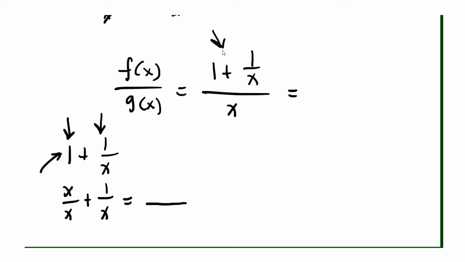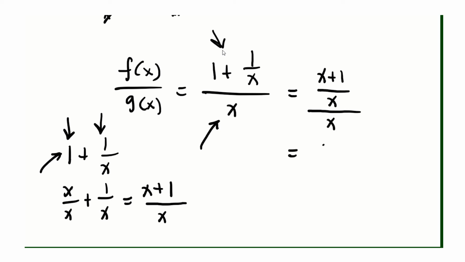When you add fractions, you just copy the common denominator, which is x, and then you have x plus 1. So the numerator becomes x plus 1 over x, but don't forget you still have this over x.